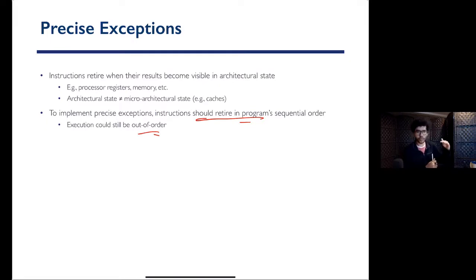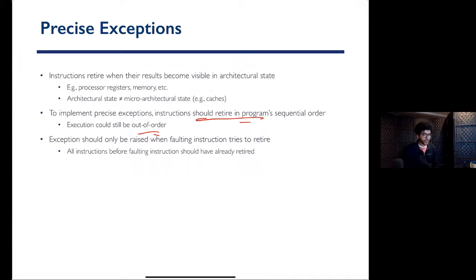You make sure that you're tracking instructions in the same order that the programmer has, and that exceptions are raised again in the same order that the programmer has written. If you get an exception for an instruction that is not retired, you just ignore that exception and wait for that instruction to retire, and at the time that it retires, then you can take care of the exception.